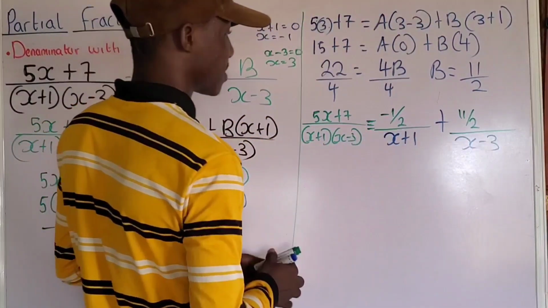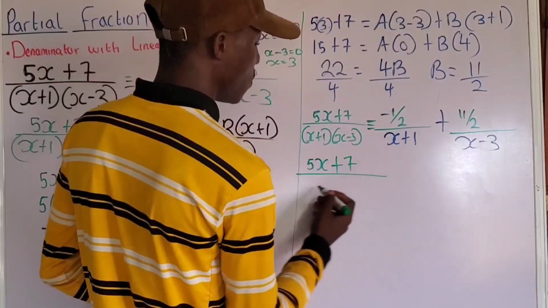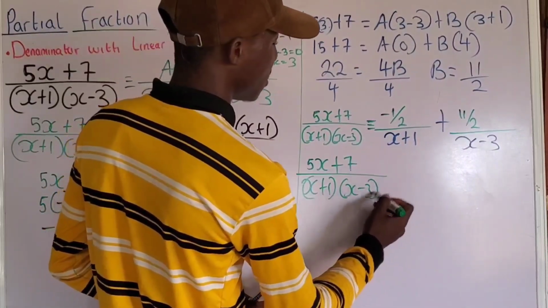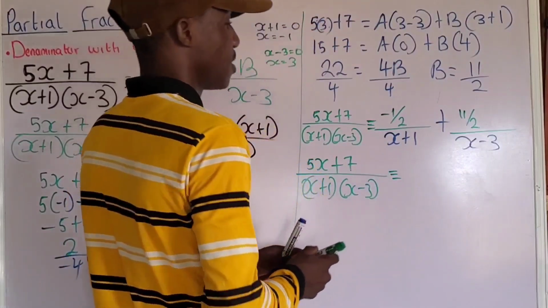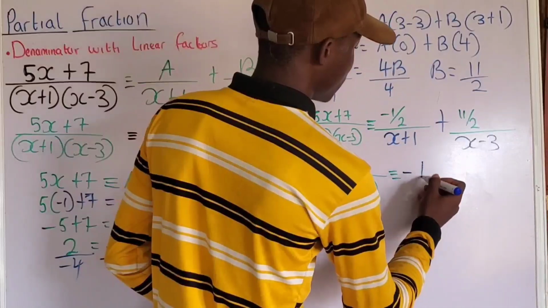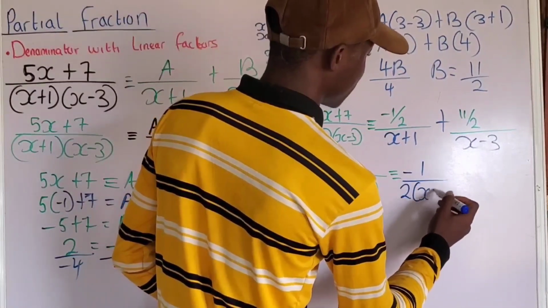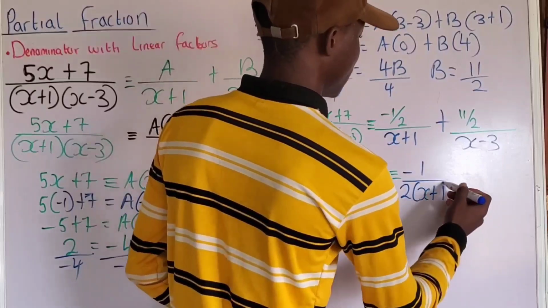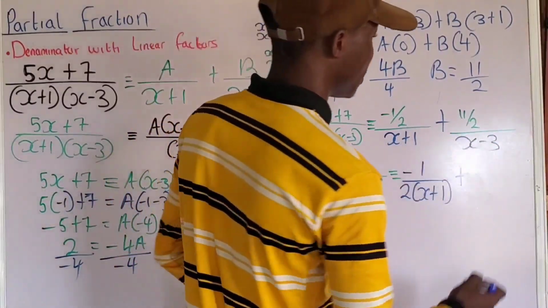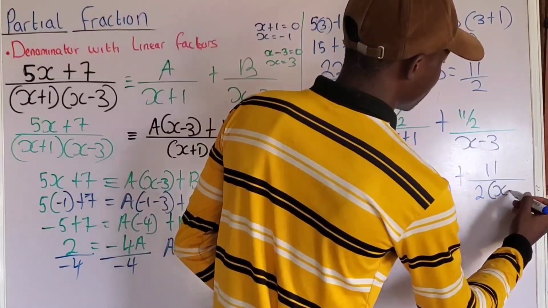And this can be written as 5x plus 7. Please pay attention. 5x plus 7 all over x plus 1 multiplied by x minus 3 is equivalent to, now, negative 1 over 2 divided by x plus 1. That will be what? Negative 1 all over, please pay attention, 2 multiplied by x plus 1. Plus, now, 11 over 2 divided by x minus 3. That will be 11 all over 2 multiplied by x minus 3.